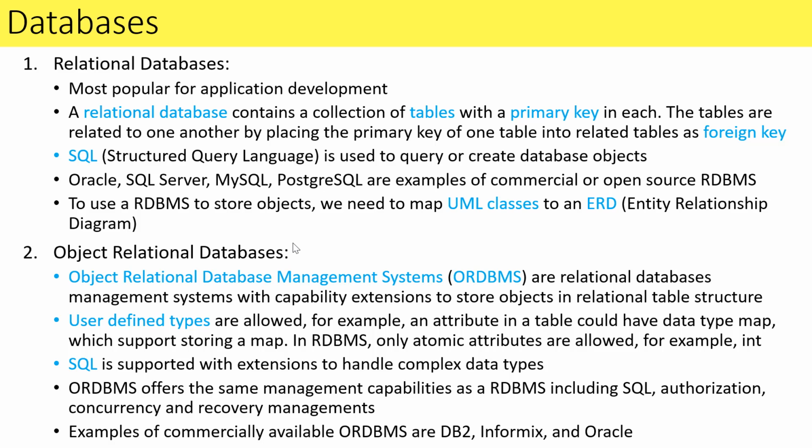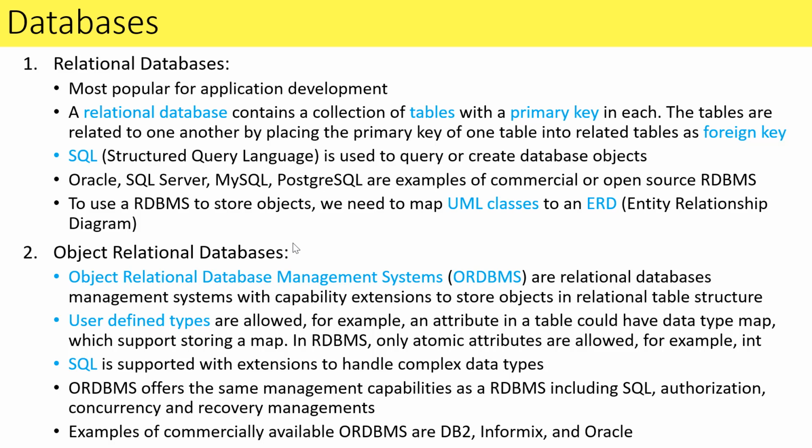That is what we learned today as well. It's not a direct match, because the ERD is not object oriented. It has only attributes, but UML classes have methods as well as attributes. So we learn how to do the mapping.